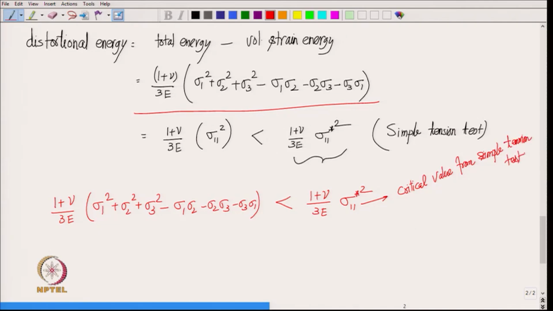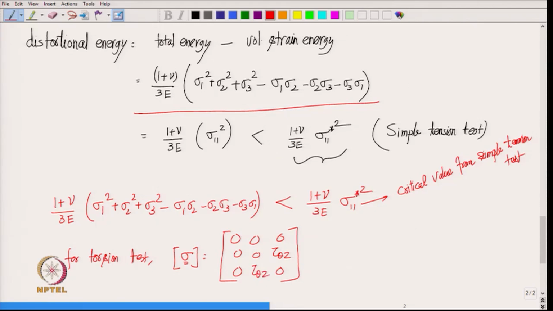If we do torsion test, so for torsion test, the sigma matrix has got only tau theta z plus its symmetric counterpart, and the rest are 0. So, if you draw the Mohr circle, we get a circle centered at the origin.